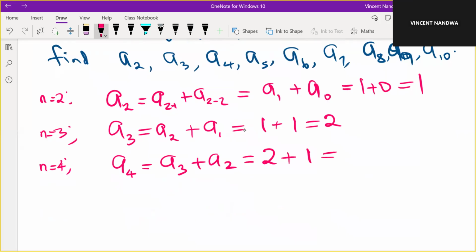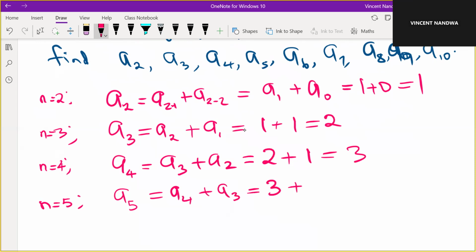So the answer will be 3. For n equals 5, we have a_5 equals a_4 plus a_3. So it should be 3 plus a_3, which is 2. So the answer will be 5.